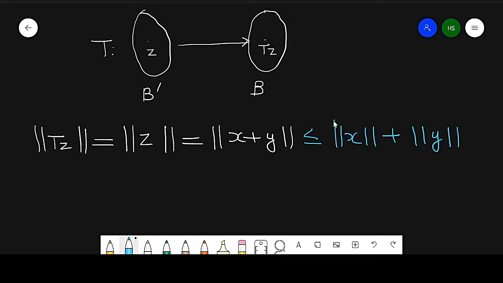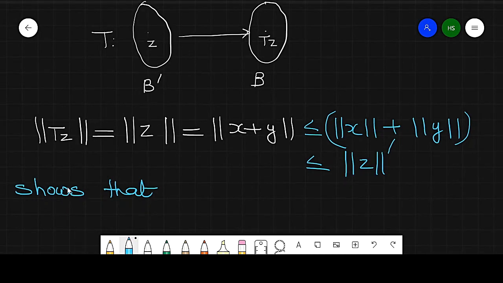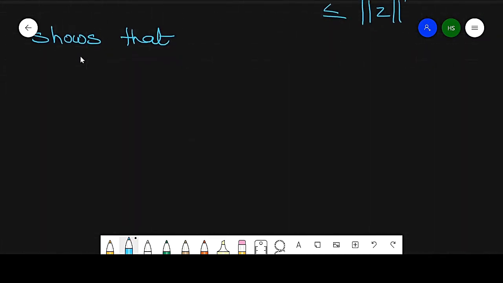Now it converts into the new norm, that is the norm of z dash. It shows that T is a one-to-one continuous linear transformation.